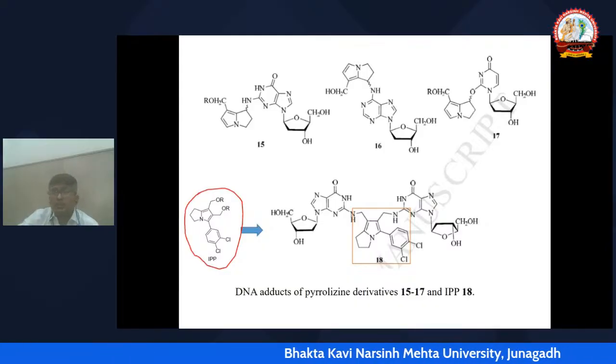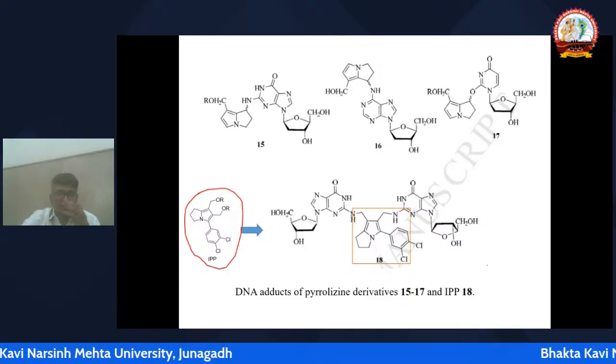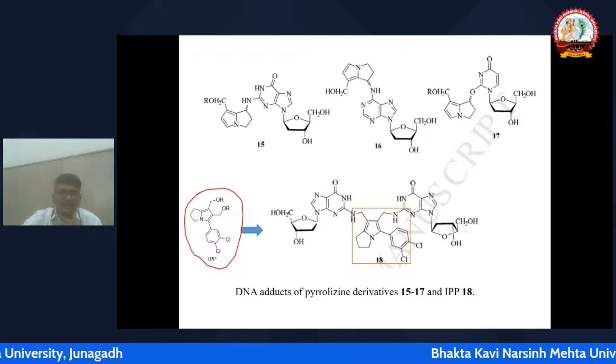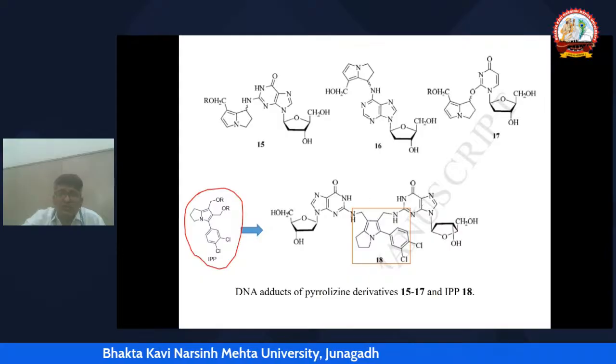These IPP compounds interact with the DNA, the guanine part of our DNA, in a sequence-specific way.